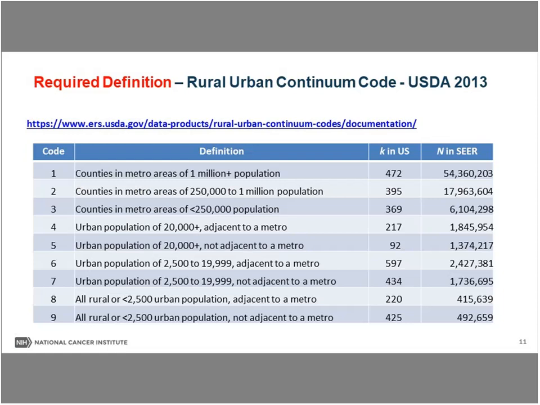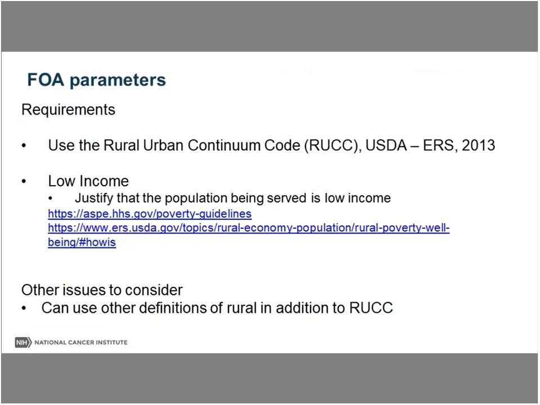And also I would like to emphasize along with Bob that low income is important to justify why this is low income. And actually, we've provided some websites for you to take a look at, which talk about rural poverty and what the guidelines are. The ASPE also has the guidelines for poverty.